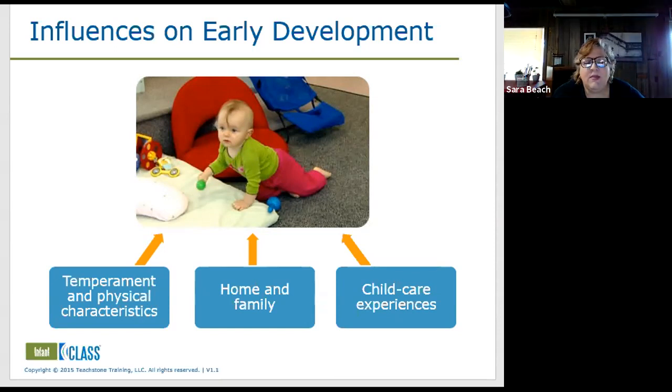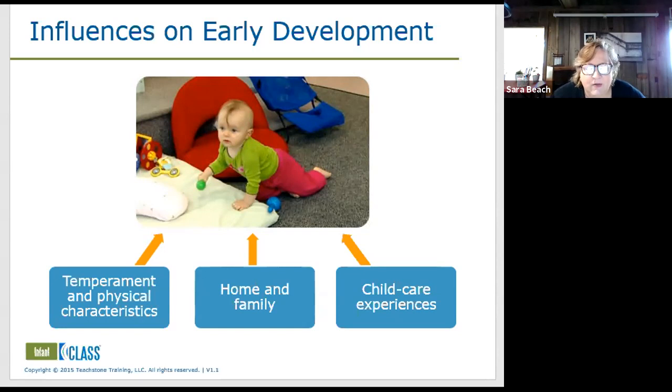Their physical characteristics are based on a lot of things, but part of it is genetics and what they're born with. Then we know that home and family is critically consequential for infant development. That's such a huge thing, right? And because kids are in childcare for so many hours at this age, we also know that equally as important are the experiences they have with us.